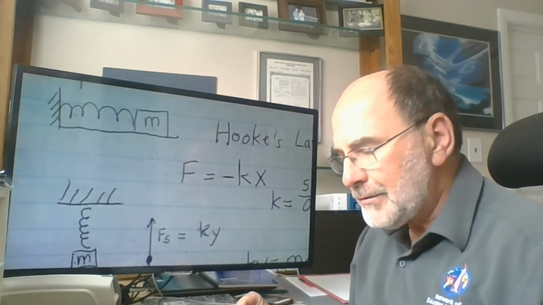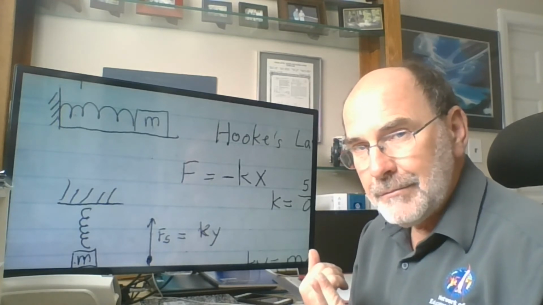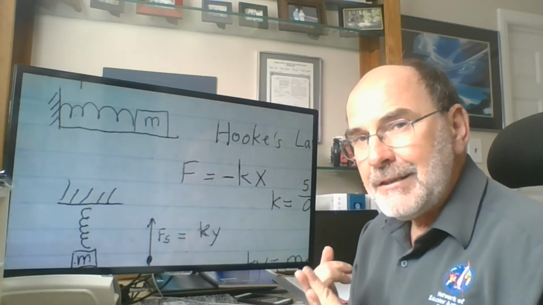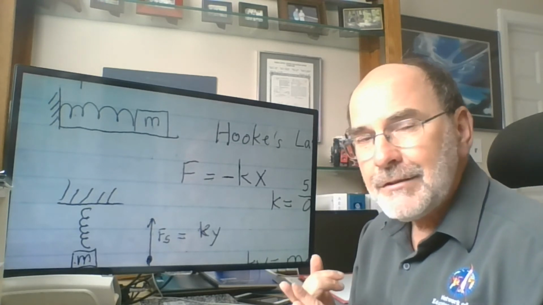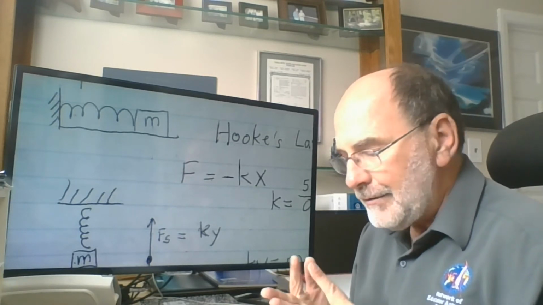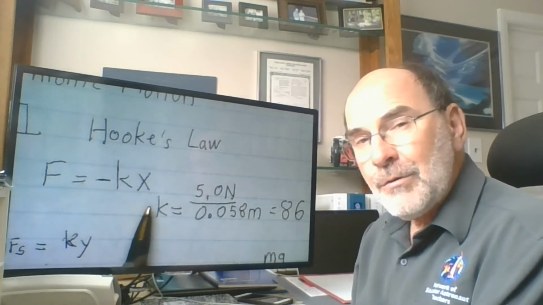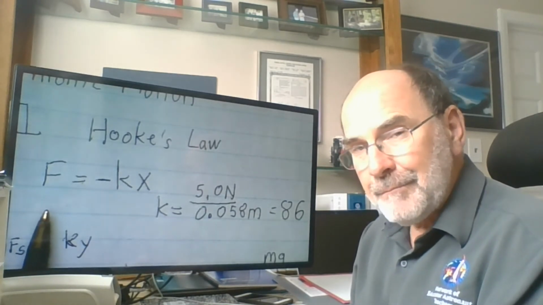3 things to notice. 1, the position is now 0. 2, the velocity is at its maximum value. The speed is as fast as it's ever going to be going. And 3, because it's not being stretched or compressed, the acceleration is 0.